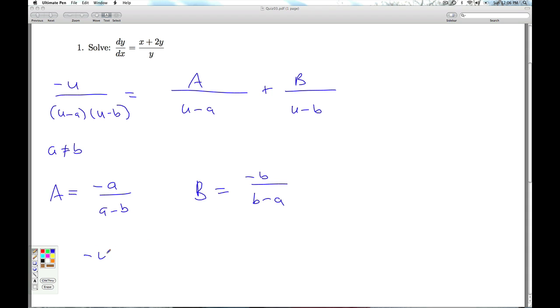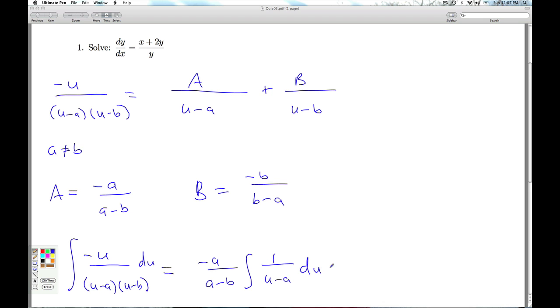And so this partial fraction decomposition gives me, if I want to integrate this using the partial fractions, this constant, minus a over a minus b, times the integral of 1 over u minus little a du, plus this constant times the integral of this.